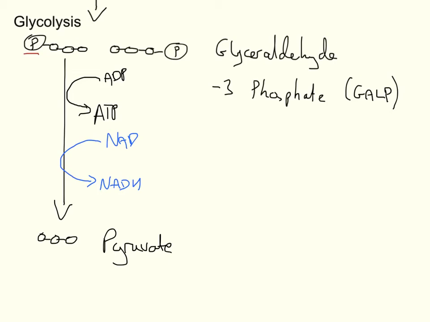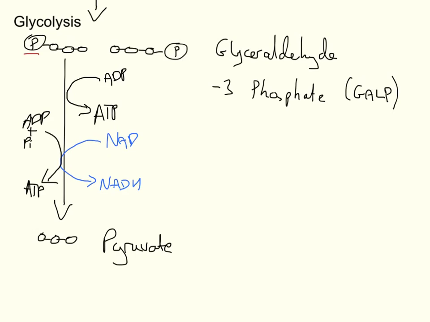Now anytime there's a reduction, energy is released, and anytime energy is released, ATP is produced. So ADP and Pi go to make ATP. Now obviously both of these reactions occur twice because we have 2 molecules of glyceraldehyde 3-phosphate.